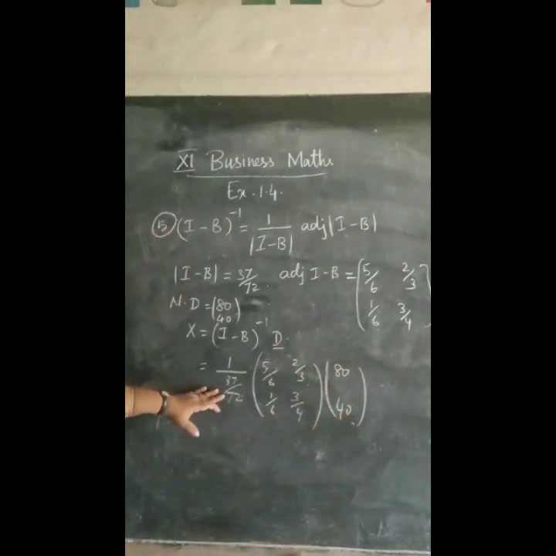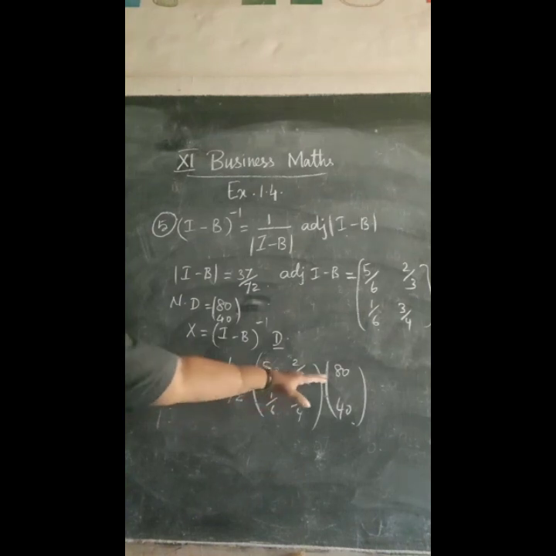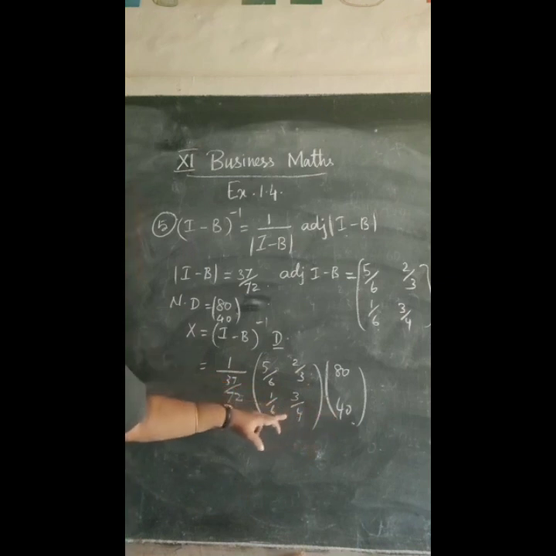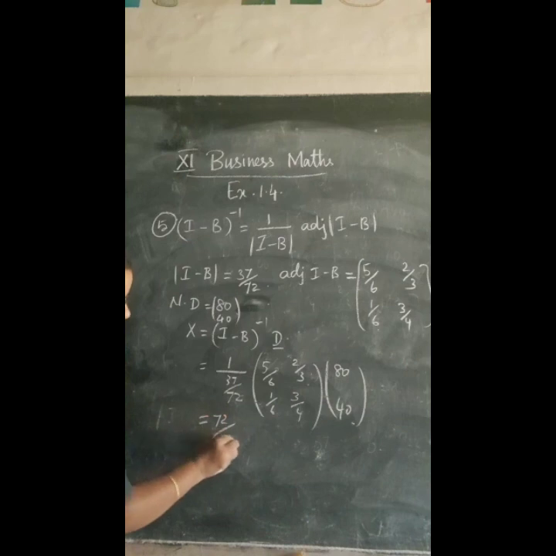It goes into reciprocal, so 72 by 37. We have to take the product of these two matrices: 5 by 6 into 80 plus 2 by 3 into 40, and another row 1 by 6 into 80 and 3 by 4 into 40.